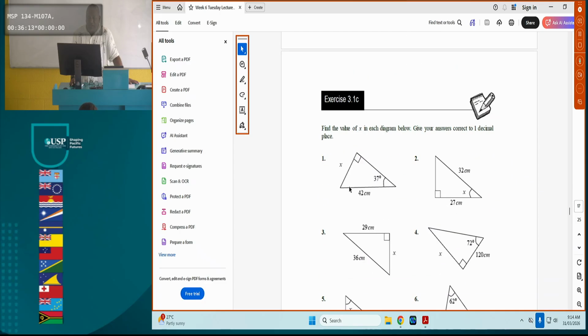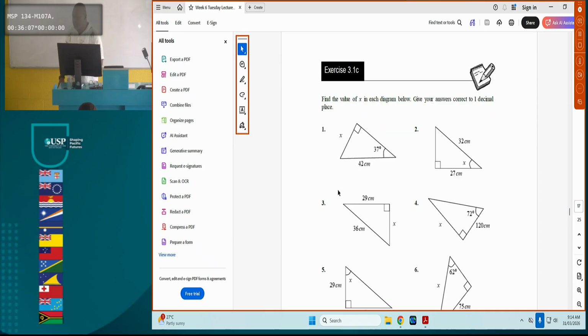Yesterday we did questions, okay, let's decide whether we use Pythagoras theorem or SOHCAHTOA for each question. Again, we said if the question does not involve any angle, we use Pythagoras. If the question involves an angle, we use SOHCAHTOA. Okay, question 1. Do we use Pythagoras or SOHCAHTOA?